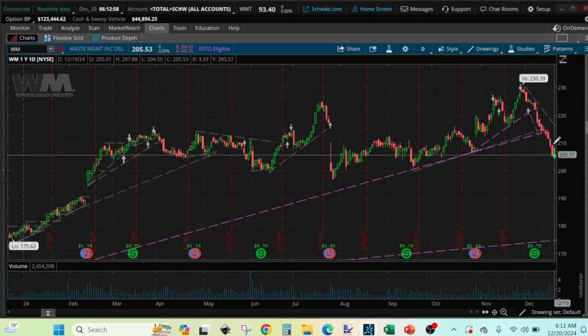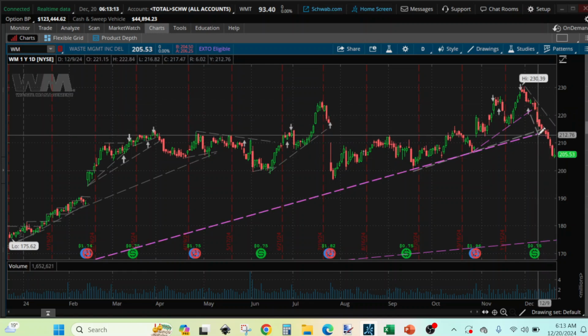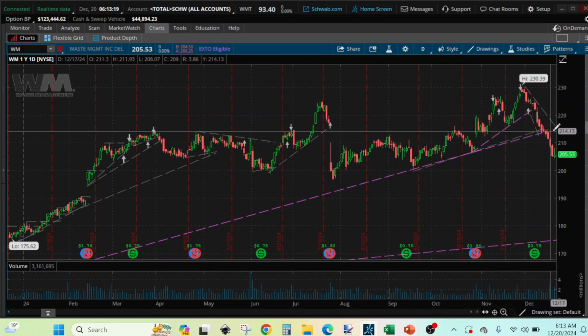It doesn't have to go over this, use it as a support and start going up before I get in. No, it doesn't have to do that. In the strategy that I like to use, I just want to have a confirmation that it is following a trend line that I'm targeting, and then I will get in.